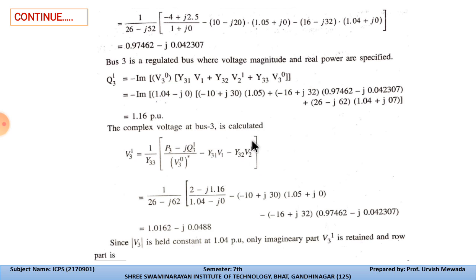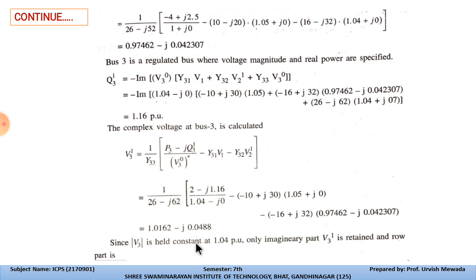By putting in the values of each and every factor and the data we derived into the equation, V3 1 will be 1.0162 minus J0.0488.